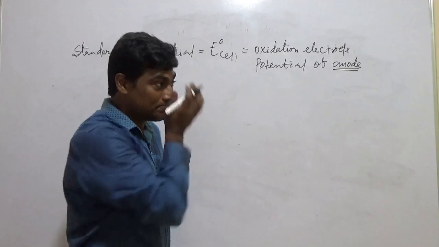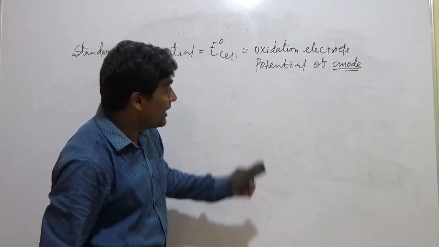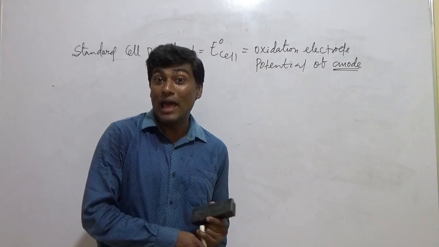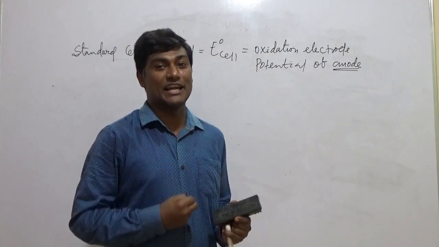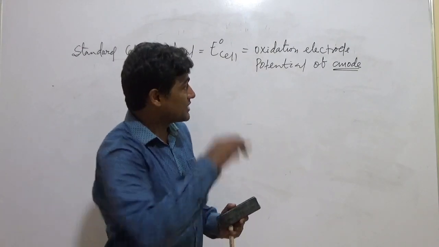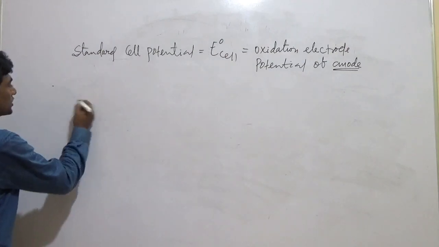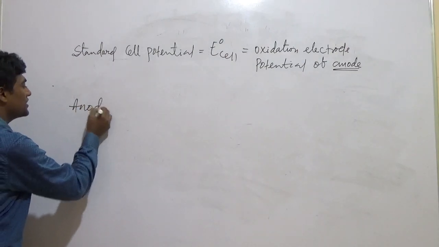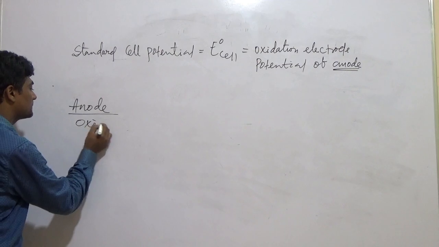Let me tell you that from now, whenever I write anode, you will have to take it as the oxidation electrode. The electrode where oxidation takes place is the anode. Remember it. Anode means oxidation half cell.